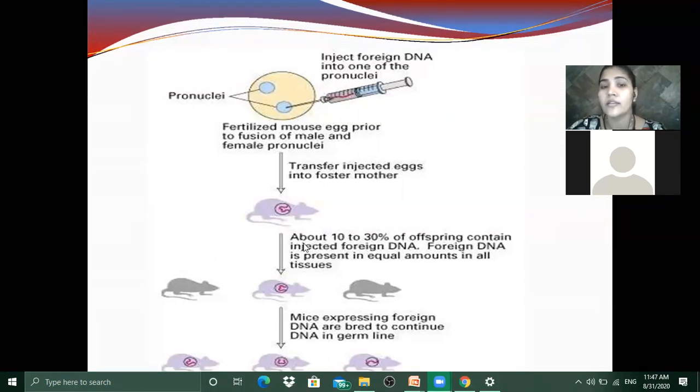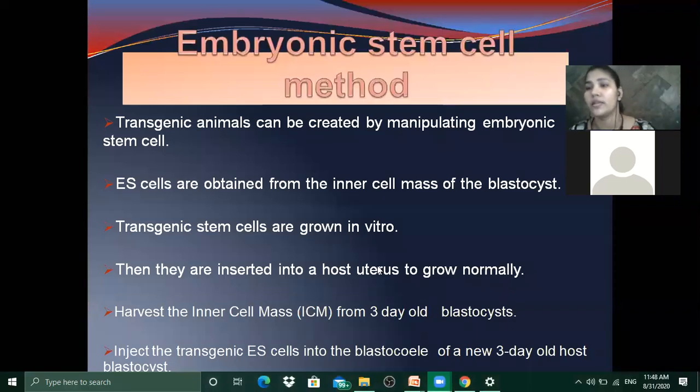Then this mouse will give birth to other mice, and a few of them will have the transgene of interest. Then you have to take this particular animal having the transgene and breed them further to have all the animals containing the transgene. So that is the simple procedure of microinjection of DNA into one of the pronuclei.